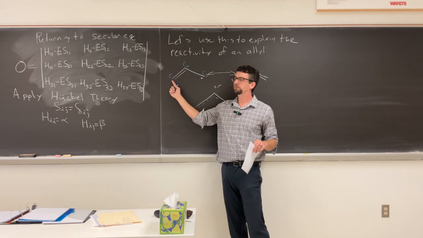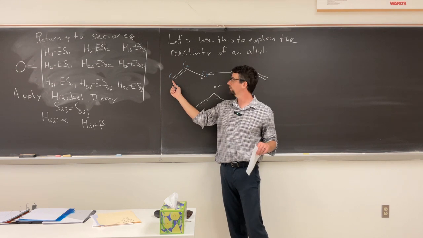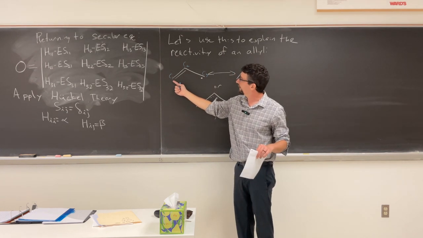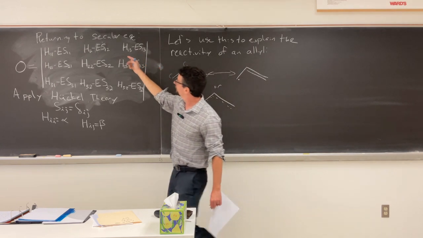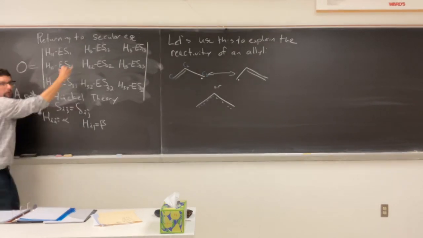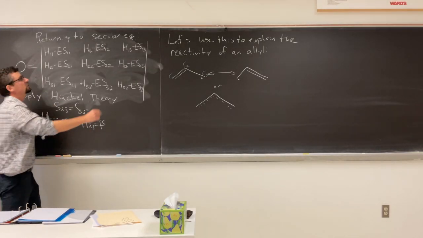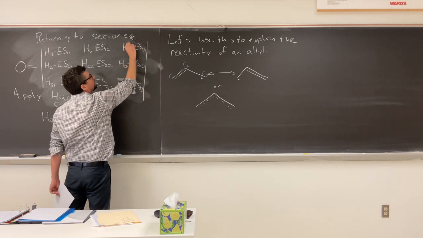Carbon number 1, what's it connected to, or is it adjacent to? 2. So any spots where we have 1 and 2, there will be a term at these 2 spots, right? Because they're connected. What about 1 and 3? Nope, that's just going to go away. This is going to be a 0.